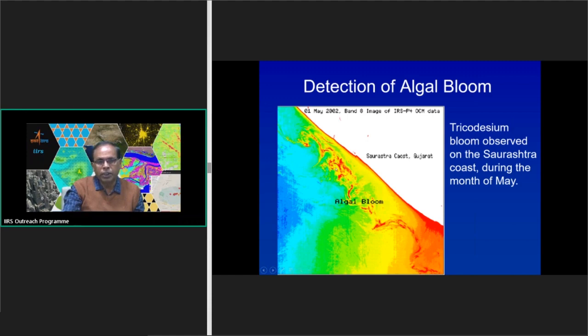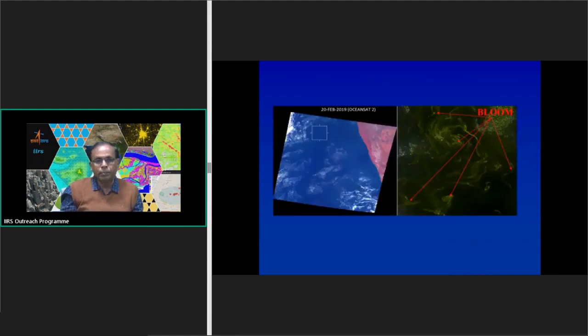This can be detected by the ocean color sensor. And these red patches away from the coast, what you are seeing, are phytoplankton blooms. It was captured by the IRS P4 OCM data, that is OceanSat 1, which is known as Trichodesmium, and it is observed near the Saurashtra coast during the month of May.